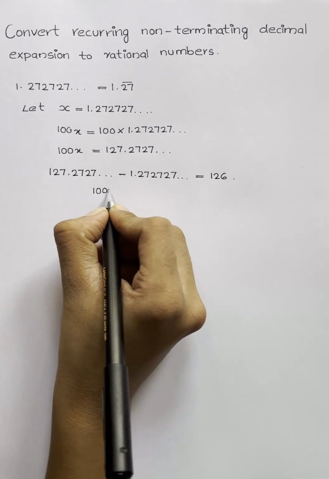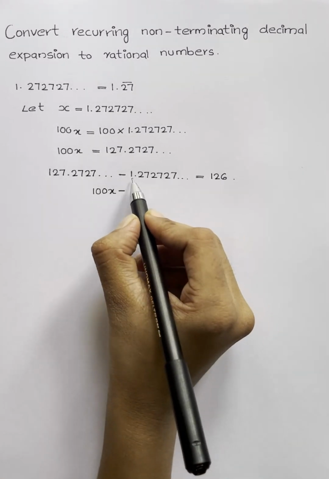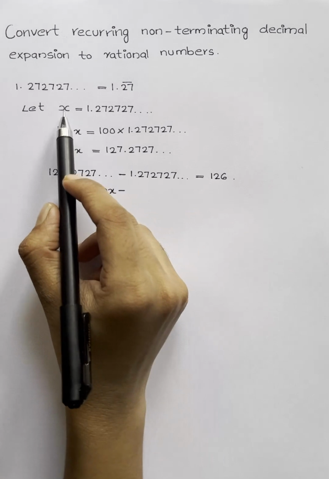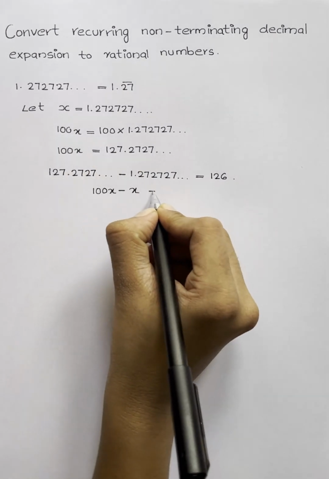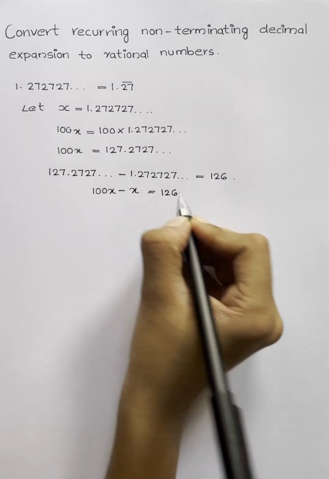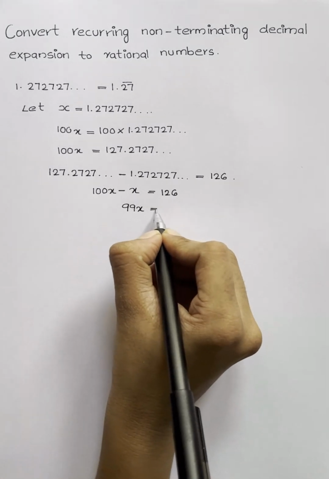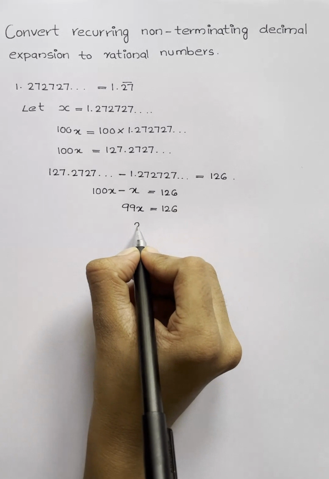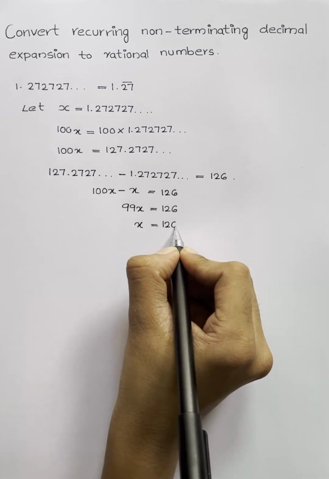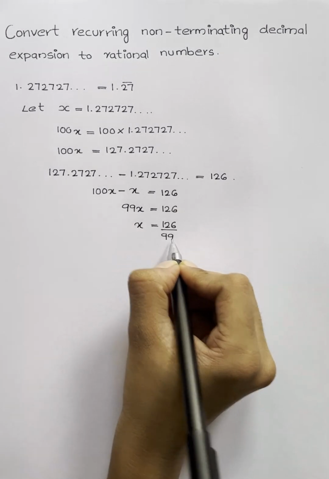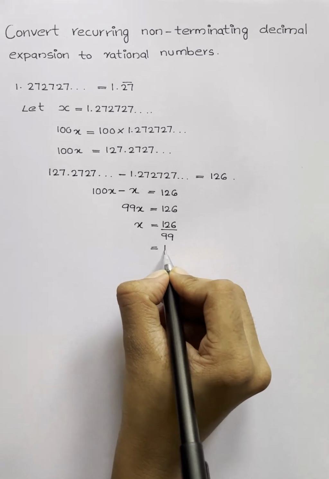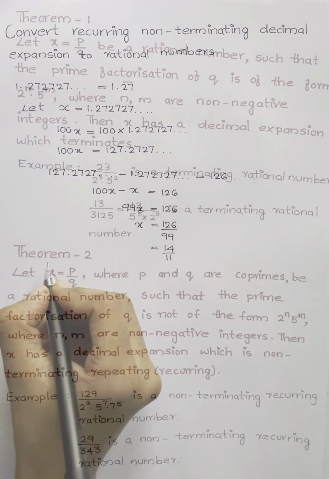That is 100x minus 1.272727, etc. which is x, equals 126. 100x minus 1x is 99x equals 126. Therefore, x equals 126 divided by 99. It is reduced to 14 by 11.